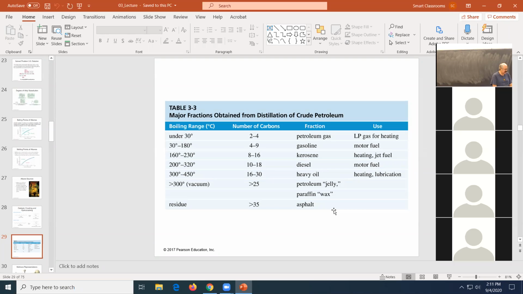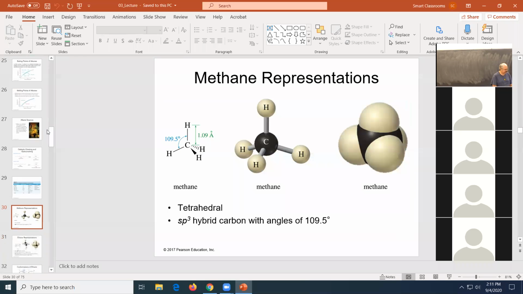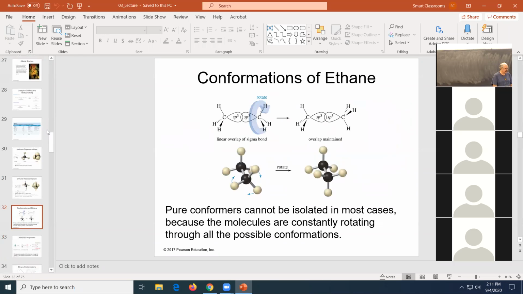We have gas, gasoline, kerosene, diesel fuel, heavy oil, petroleum jelly, and so on. As we're getting successively heavier, more carbons. And more carbons means higher boiling point. Each one of these products is not a pure substance, but a mixture of similar compounds. Okay, I'm going to skip through this.